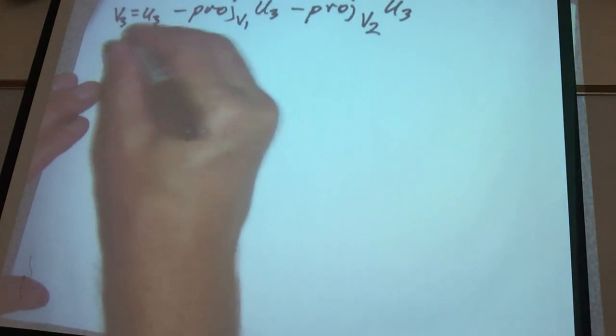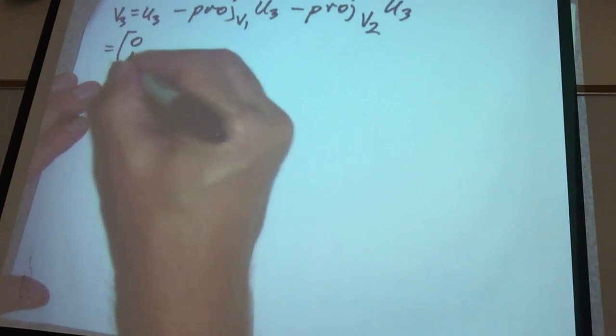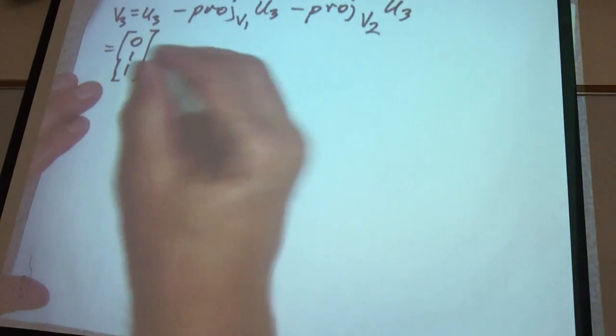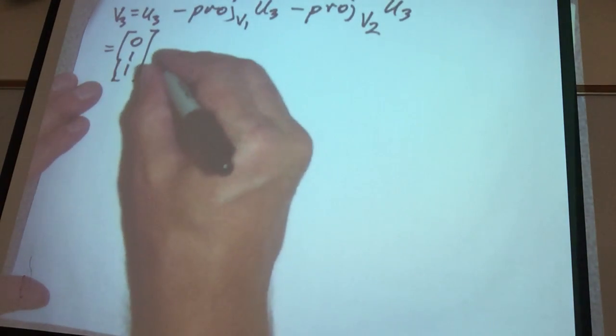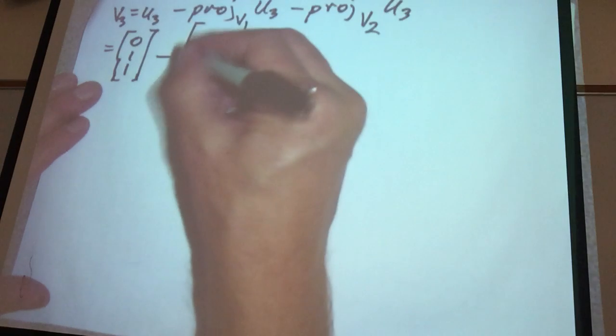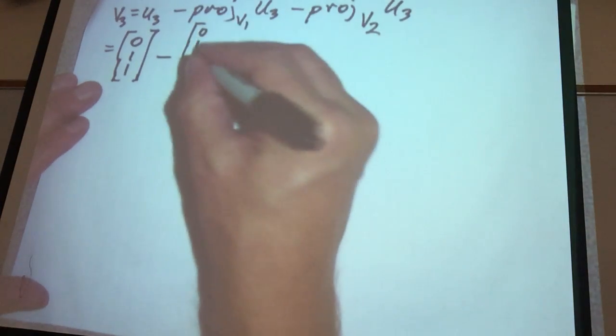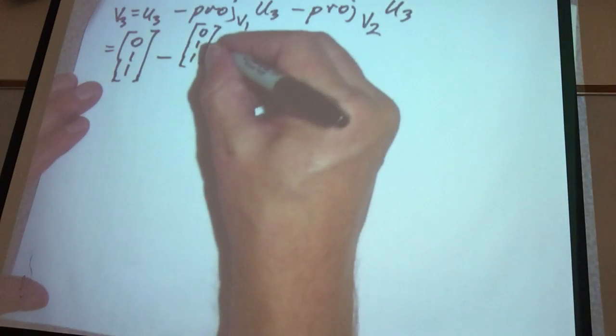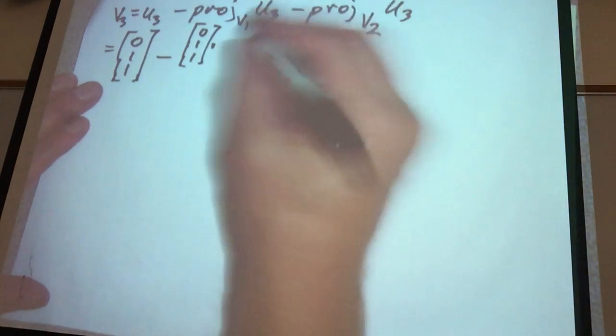So this is going to turn into 0, 1, 1, minus the projection of U3 upon V1. So that would be 0, 1, 1, dotted with V1, which is 1, 0, 1.